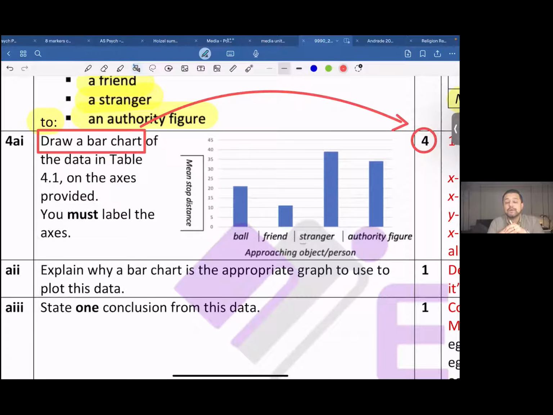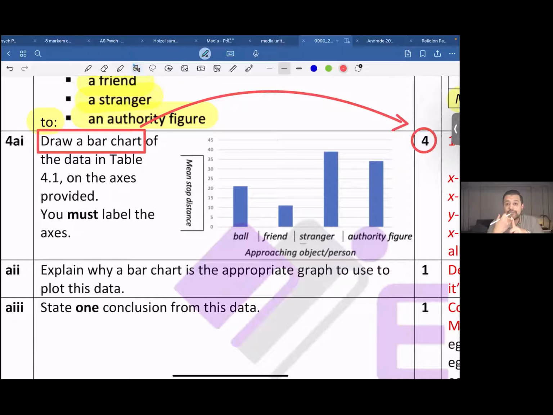For these graphs, there are 3 different graphs that are part of the syllabus. You need to know what a bar chart is, you need to know what a histogram is, you need to know what a scatter graph is, right? If you do not know them as yet, as soon as we are done with this, kindly open your book and read through them.